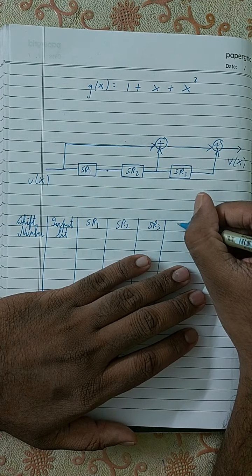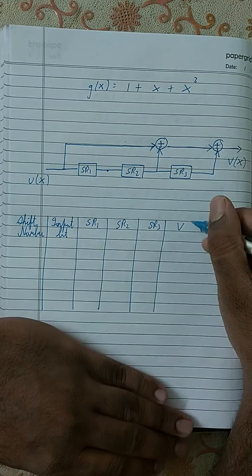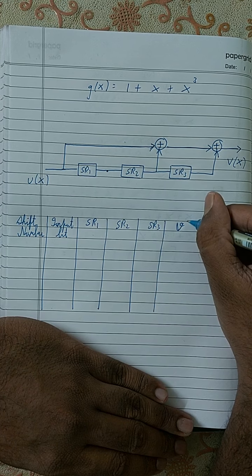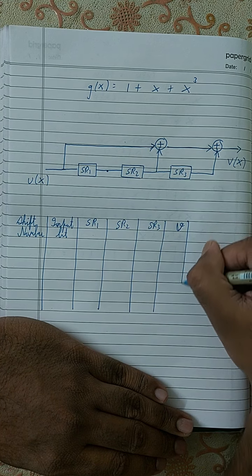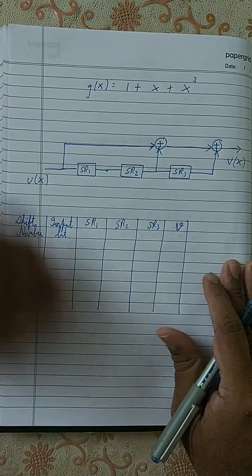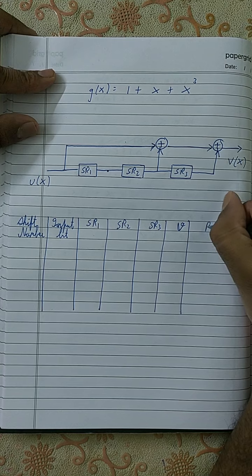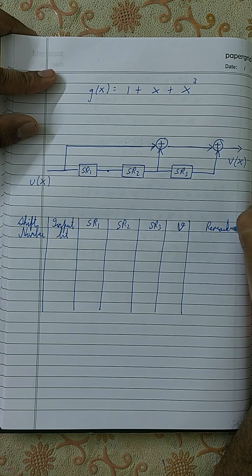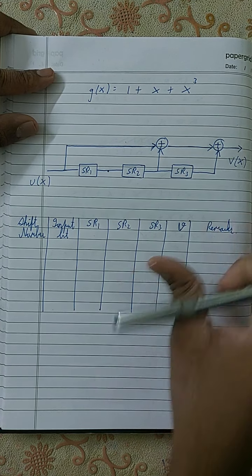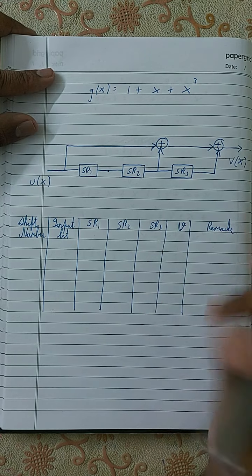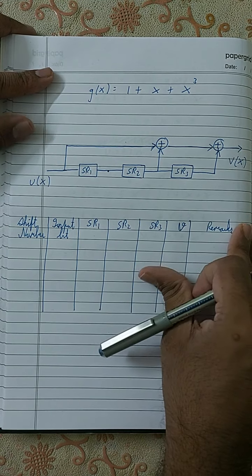Then this will be my code v. This is how we usually explain. Then the last block I'm going to use to explain remarks: I'm going to explain the working, or what every bit actually means.